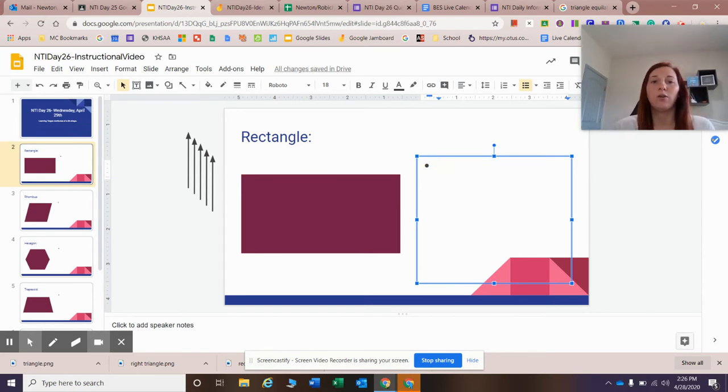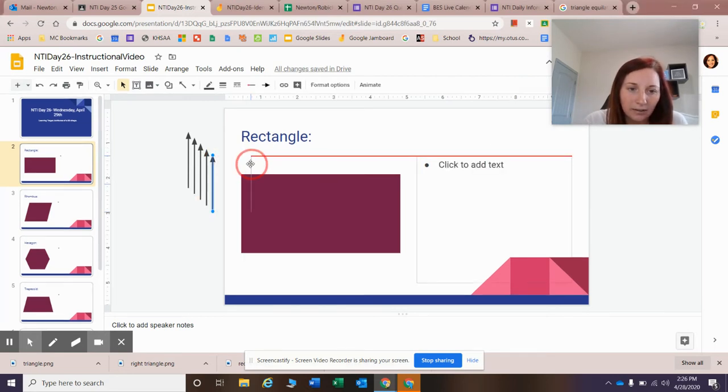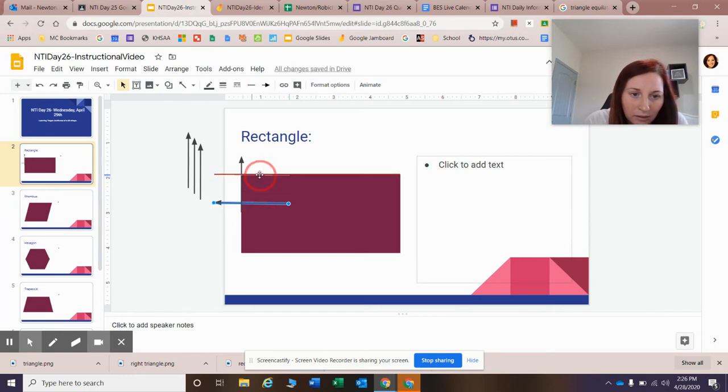But first, you need to know that when it comes to identifying lines, you have to remember that lines keep going. They don't just stop once they meet another line. So if you look over here, this line keeps going. And then I'm going to rotate this. And this line, it keeps going.